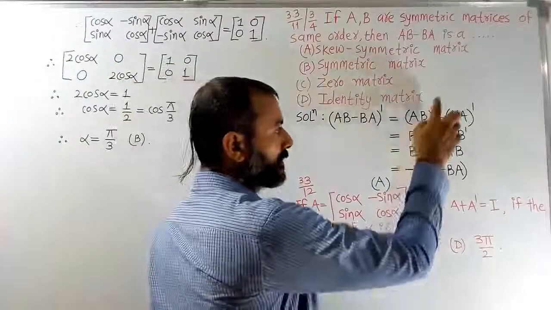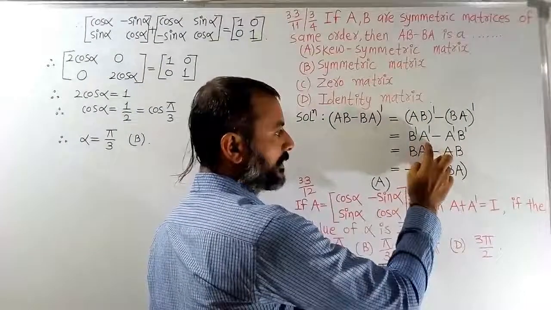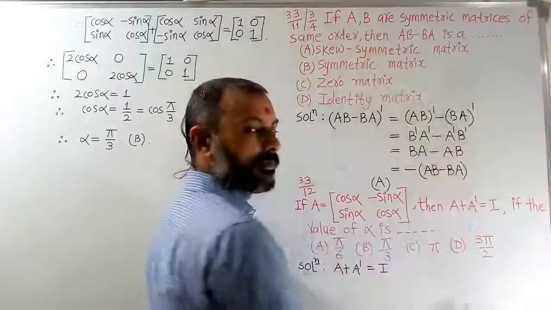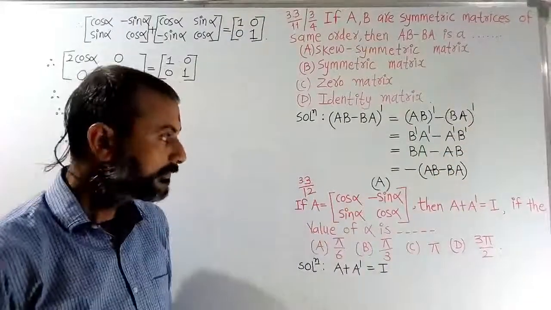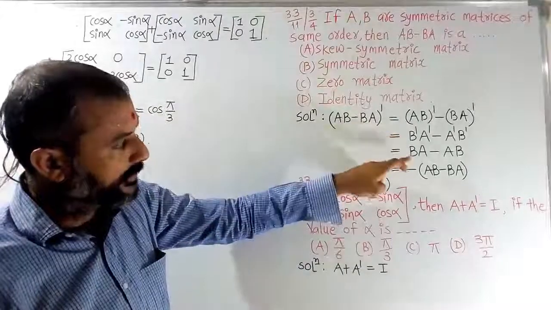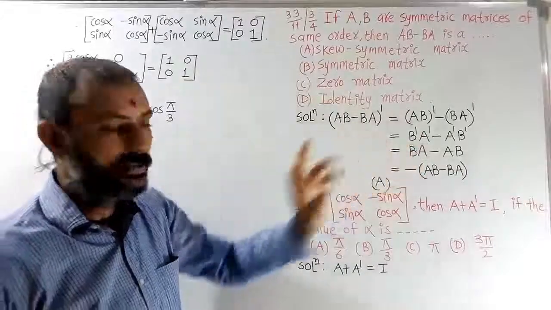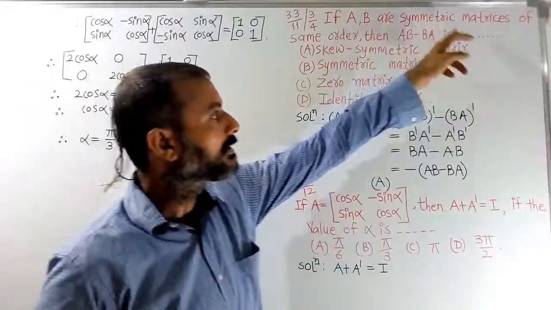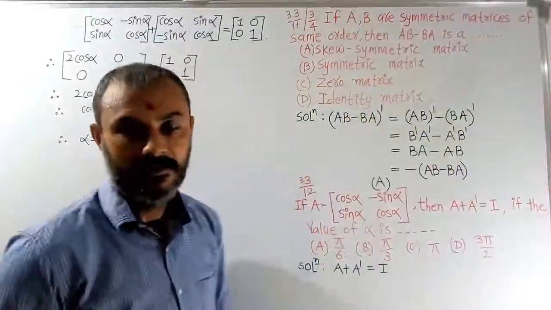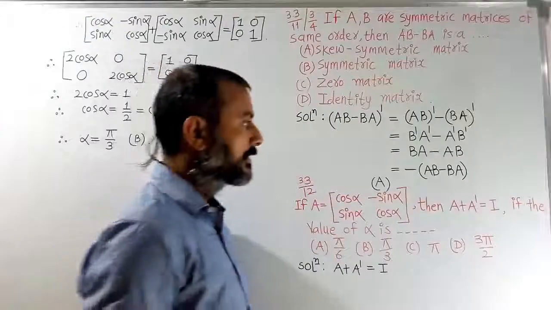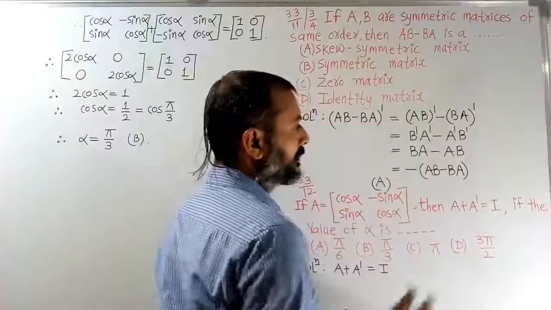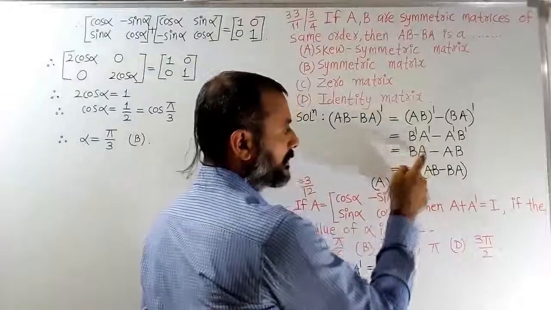So AB transpose equal to B transpose A transpose, and BA transpose is the reverse, A transpose B transpose. Okay, now B transpose is B and A transpose is A, because A and B are symmetric matrices.